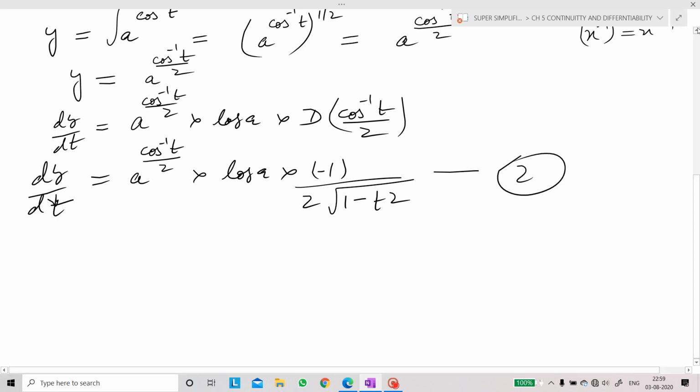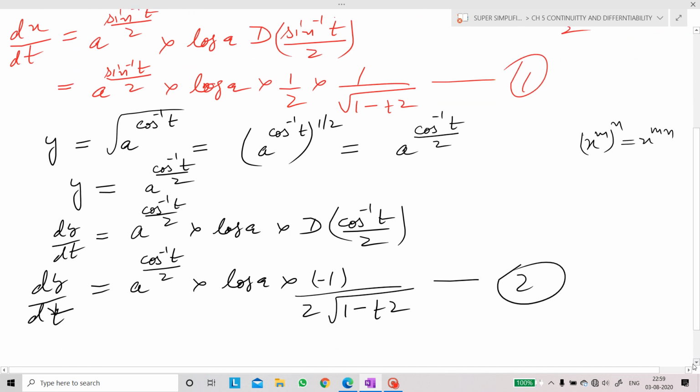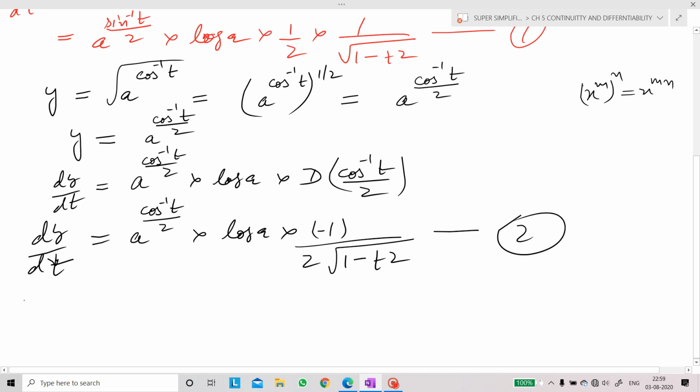Let us copy down here. Now we can see equation 1 also here. So now we try to copy equation 1 also with equation 2 here. So we try to write down dx by dt here.